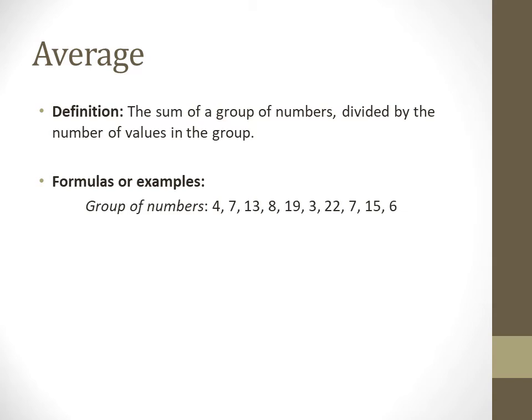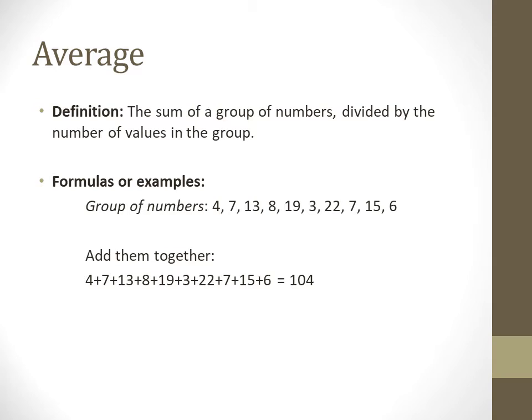So, as the definition is telling us, it is the sum of a group of numbers. Okay, so let's add them together. All right, so we add all of those numbers together and we get 104. The second part of our definition tells us to divide by the number of values in the group.